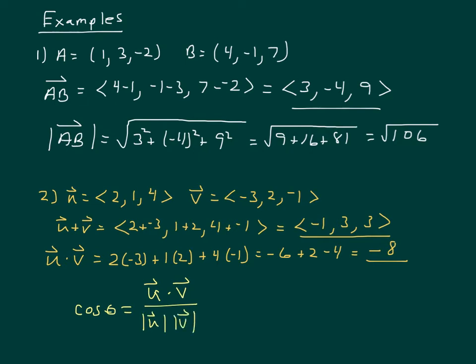I also know that if the dot product of u and v equals 0, then u and v are orthogonal, which again meant that they were perpendicular.